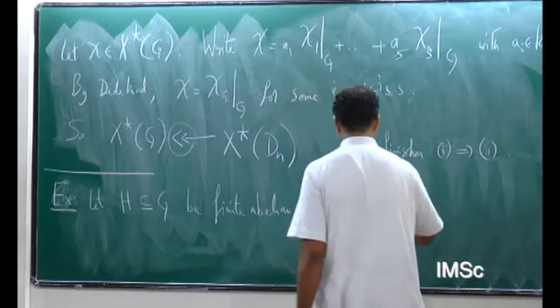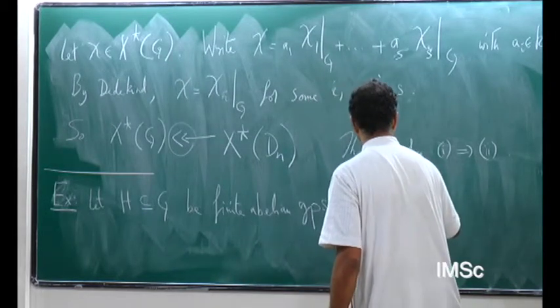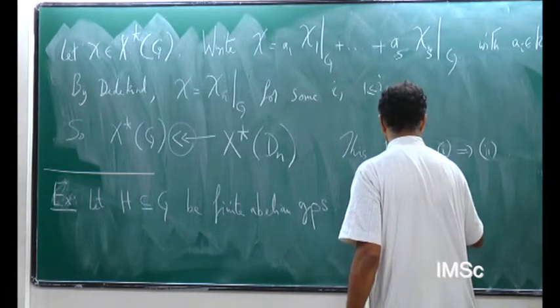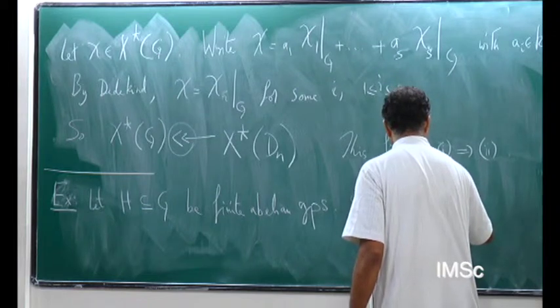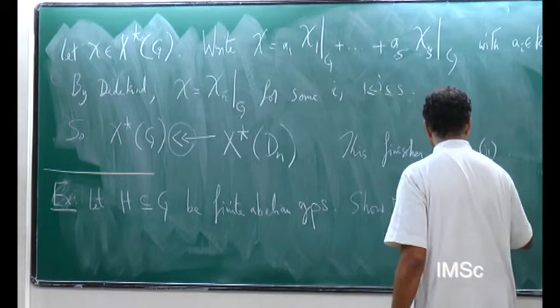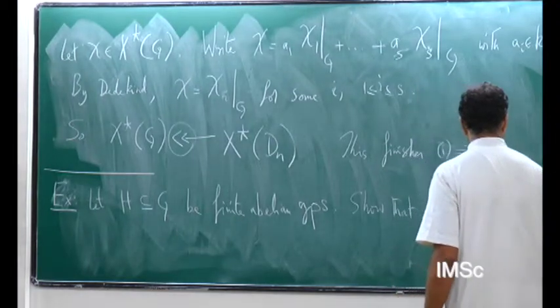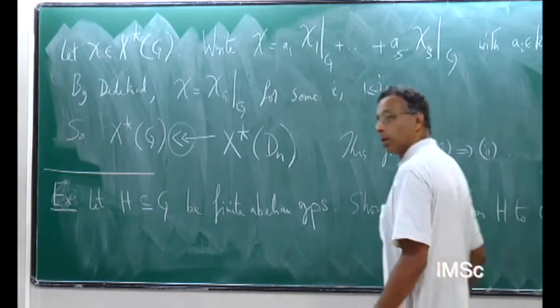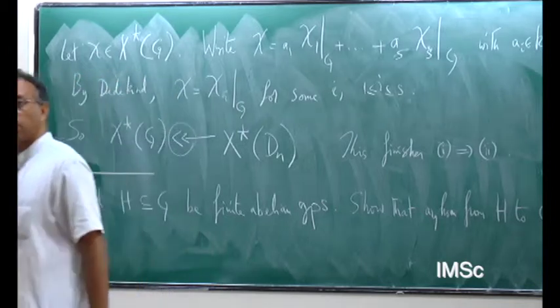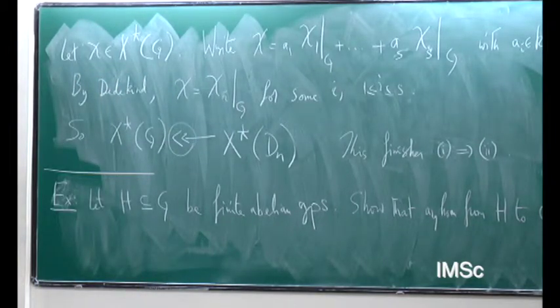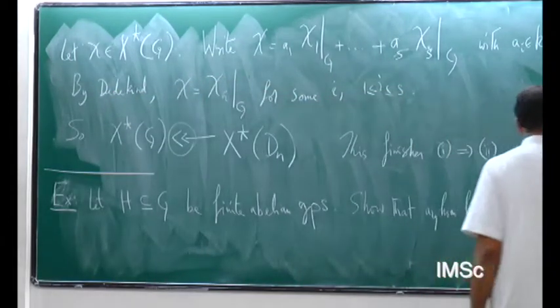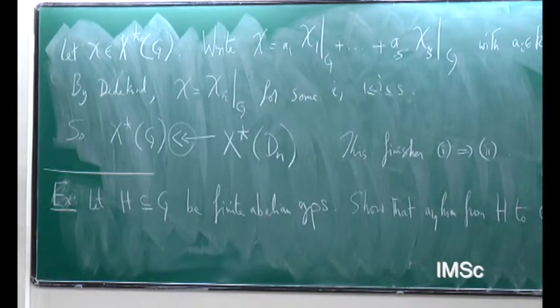Show that any homomorphism from H to the non-zero complex numbers extends, that is, is the restriction of a homomorphism of G to the complex numbers.